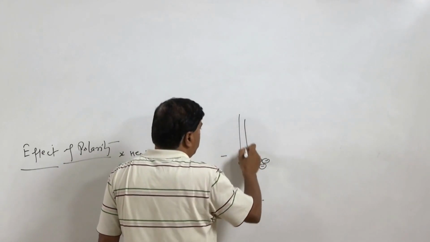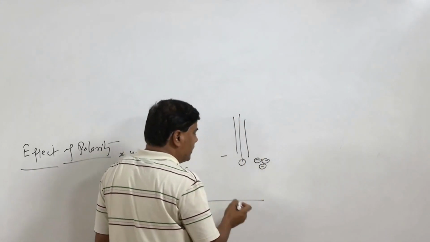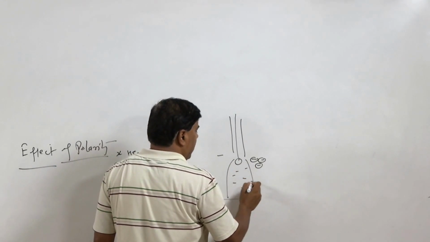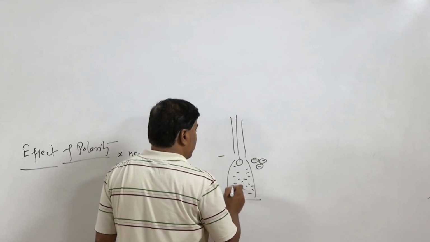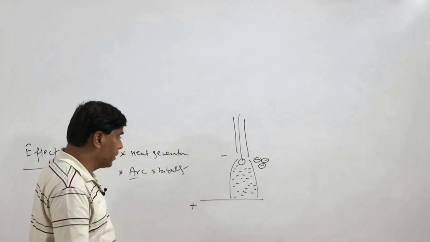Normally these are either coated or designed to emit electrons, so they will emit electrons very easily, providing a gap between the electrode and workpiece full of charged particles to make it electrically conducting, so that a very good stable arc can be produced.